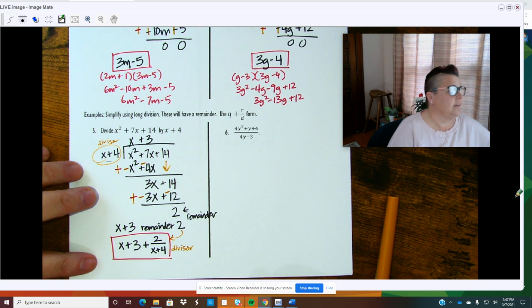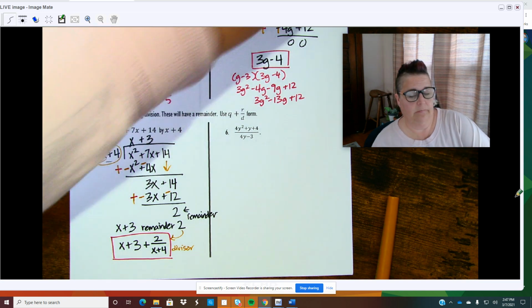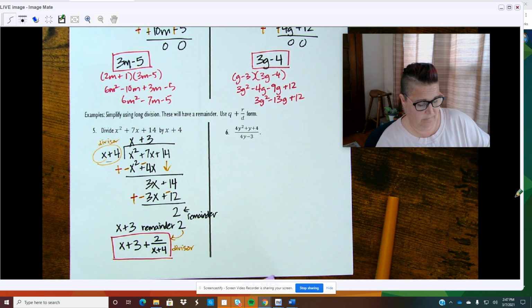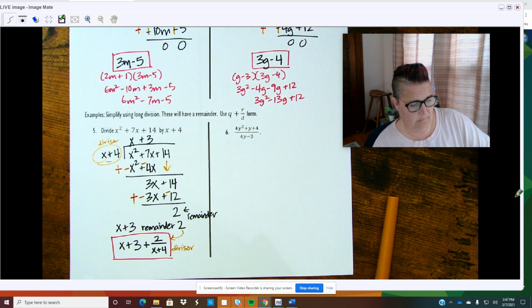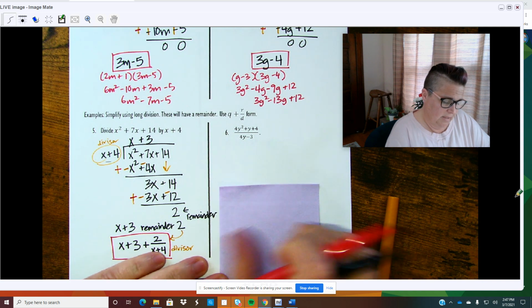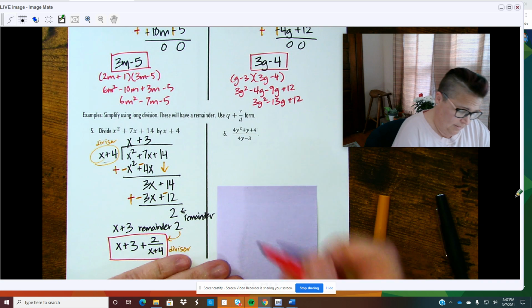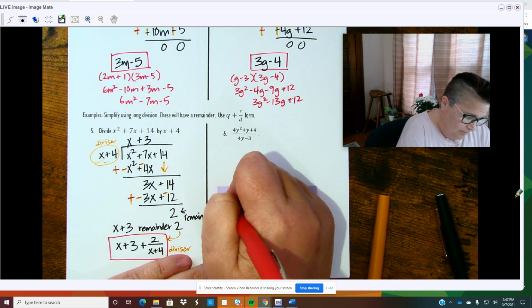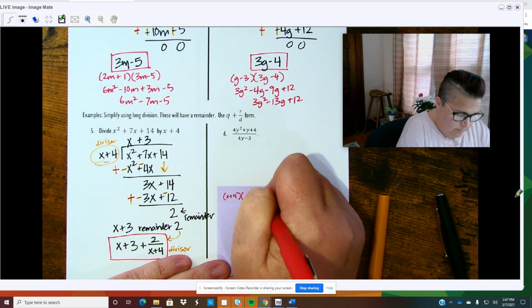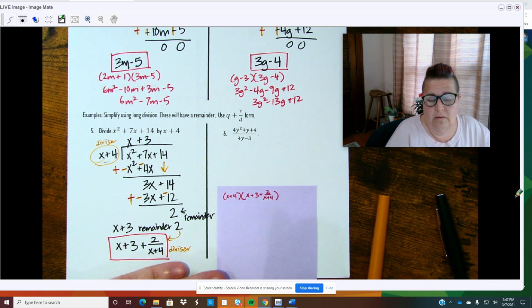Can it be checked? Absolutely. I need a Post-it because I need a little bit extra here. All right, so if I'm going to check this, this one takes a little longer. I'm going to take that x plus 4, and I'm going to multiply it by x plus 3 plus 2 over x plus 4. Right?